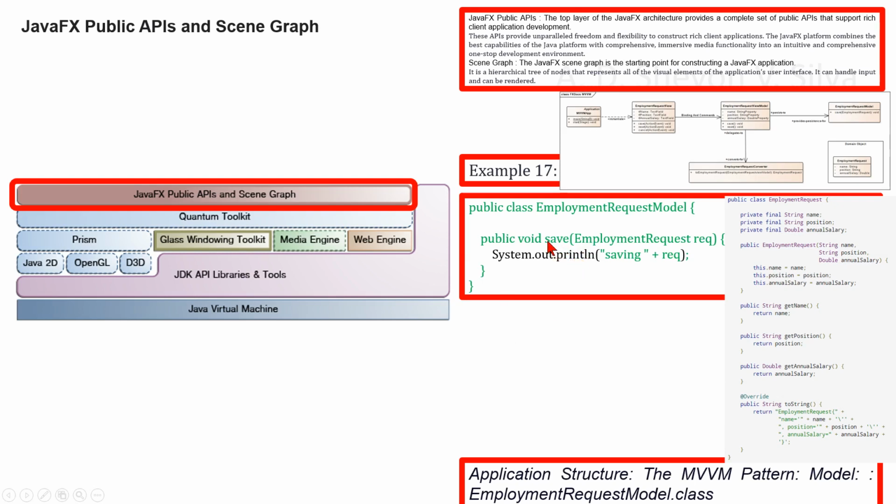The employment request model class, here you can see it. This is the plain Java object used to transport data from the model to the UI.